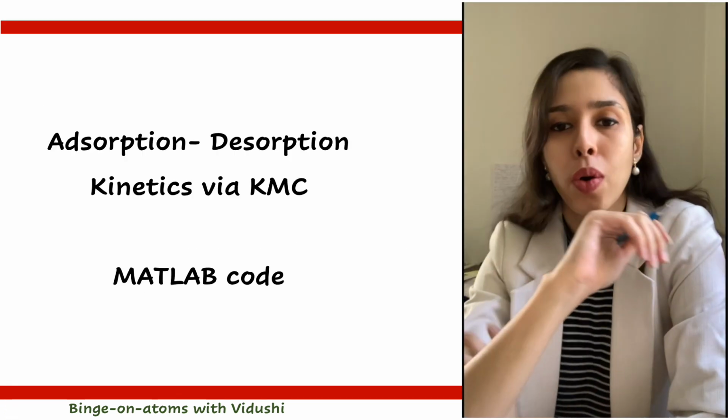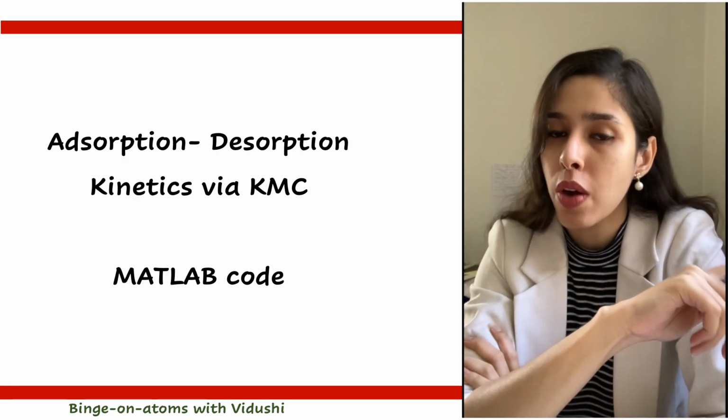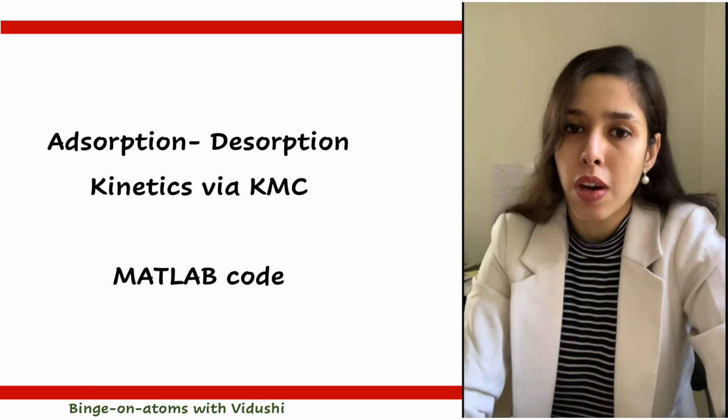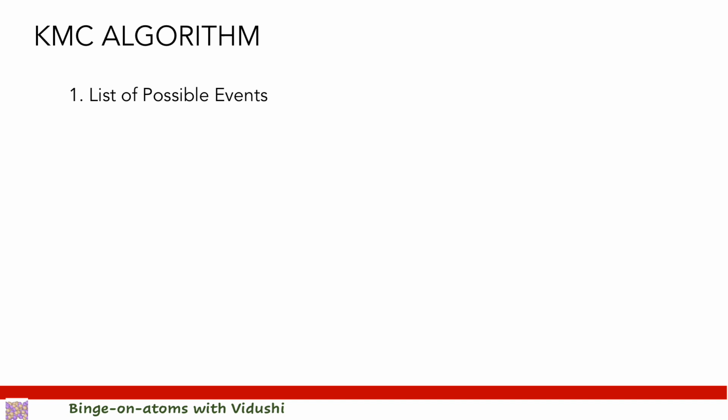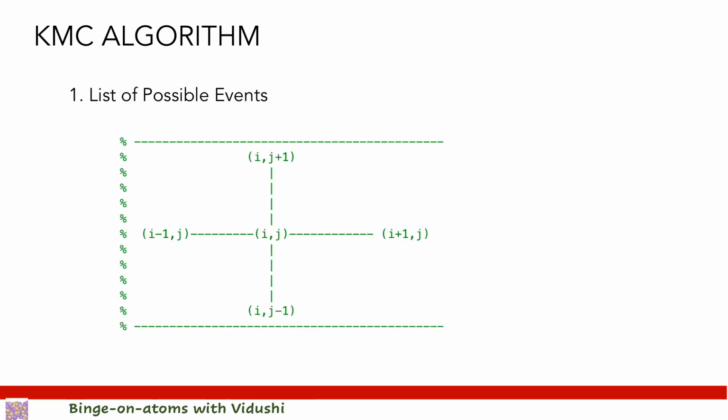So now that you know what Langmuir adsorption is, we will use our Kinetic Monte Carlo code to solve this problem. To write a KMC code, we first need to tabulate a list of potential events in a KMC step. Here, in our square lattice, 6 events are possible at any step. Let ij be a random location of an event at any KMC step in our 2D square lattice.